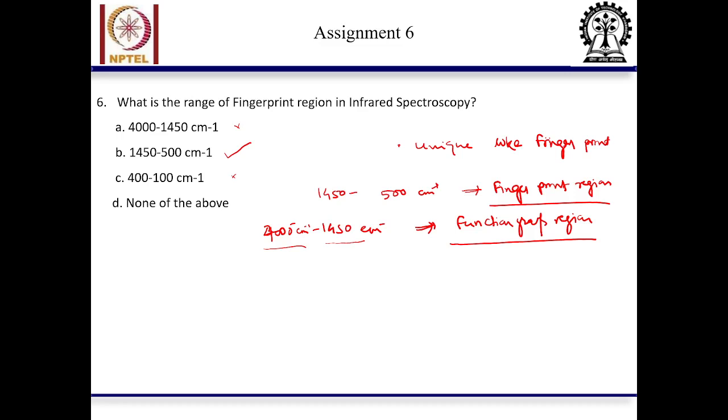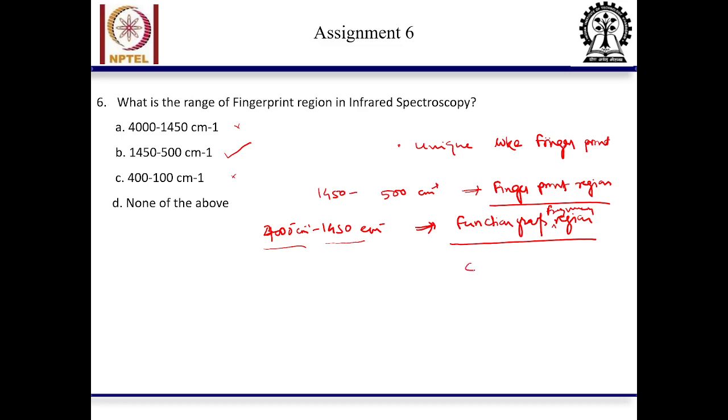In IR spectroscopy, you people should already have gone ahead about bending vibration and stretching vibration, so I will not go through that. The fingerprint region is 500 centimeter inverse to 1500 centimeter inverse, and this is the group frequency region, or functional group region, from 4,000 centimeter inverse down to 400.